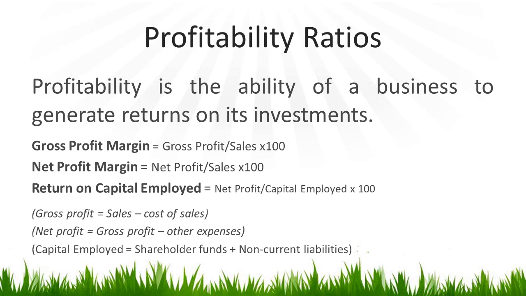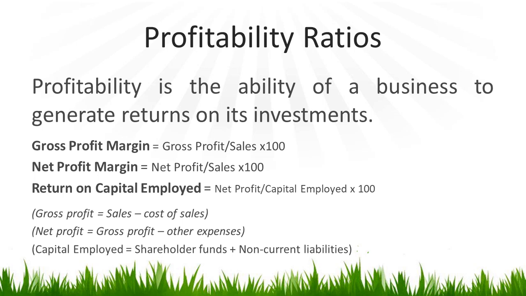The second ratio in profitability ratios is net profit margin. Sometimes we also calculate it as operating profit margin. Net profit before interest and tax is basically what you call operating profit. So operating profit over sales into 100 is how we calculate operating profit margin or net profit margin.